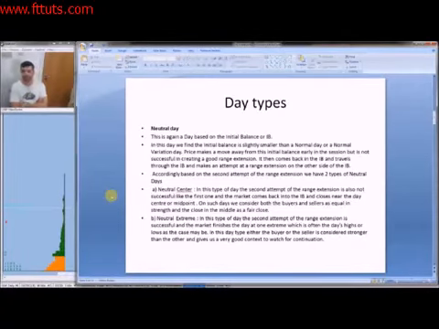Neutral center. In this type of day, the second attempt of the range extension is also unsuccessful, much like the first one, and the market comes back into the initial balance and closes near the day center or midpoint. On such days, we consider both buyers and sellers as equal in strength, and the close in the middle is fair.